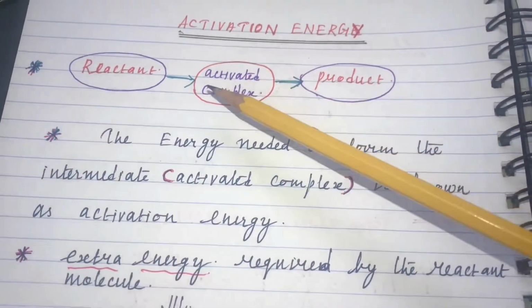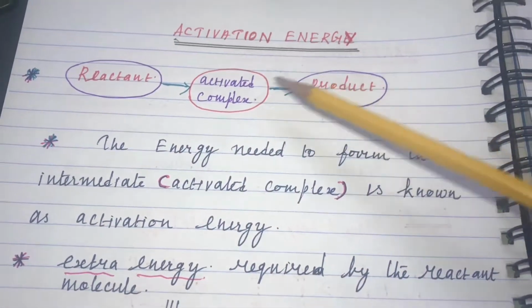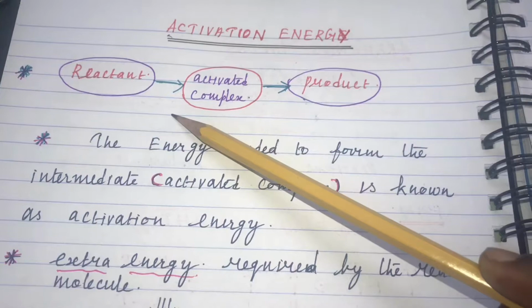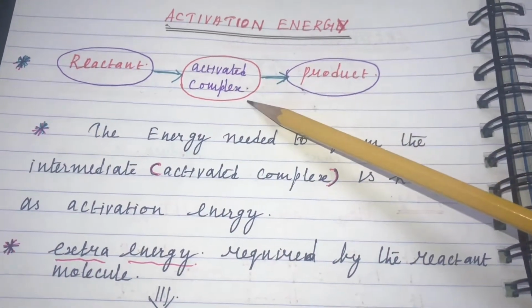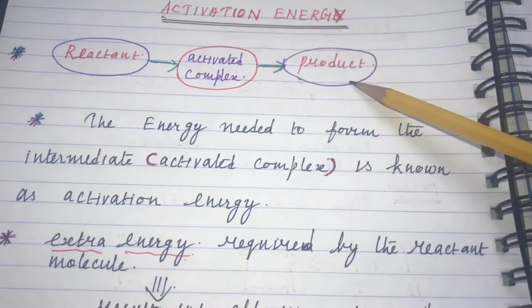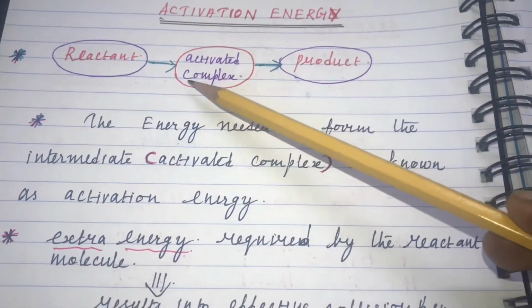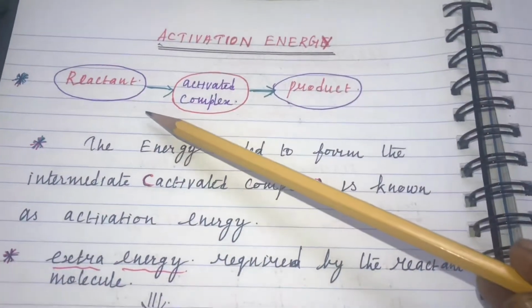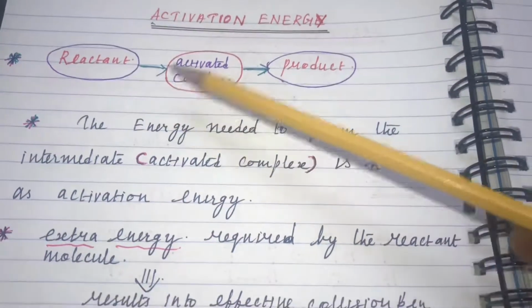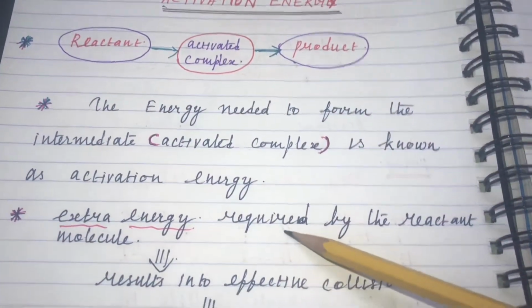It is a fact that all reactant molecules are not converting into product. Only the reactants which possess the minimum energy to cross the energy barrier form the activated complex and convert into product. So the extra energy needed by the reactant molecule for the activated complex is called activation energy.